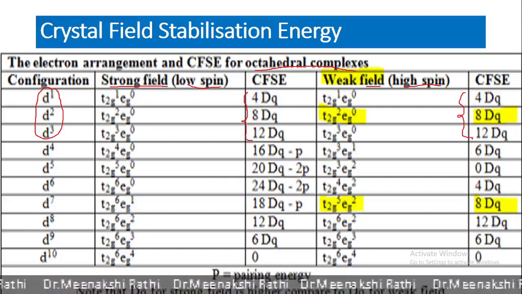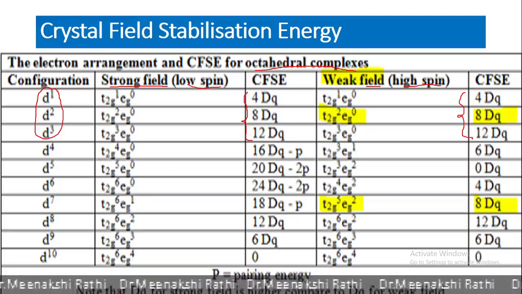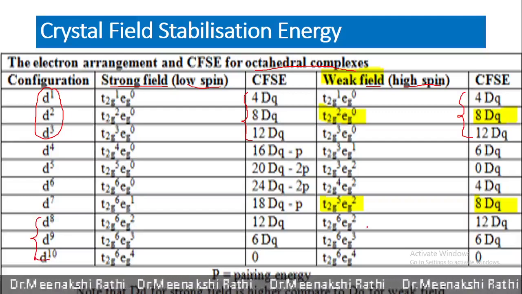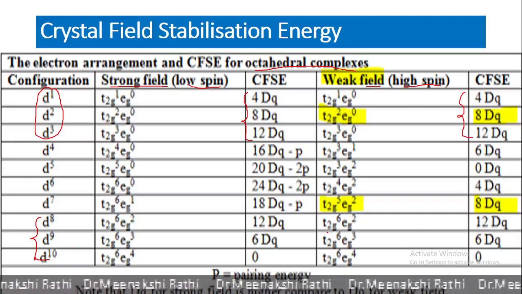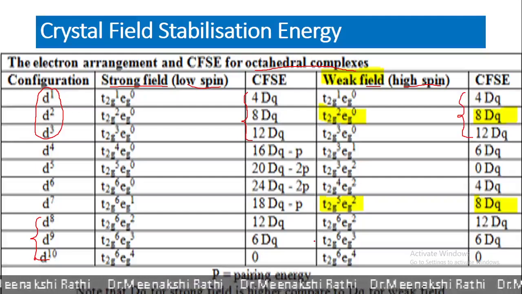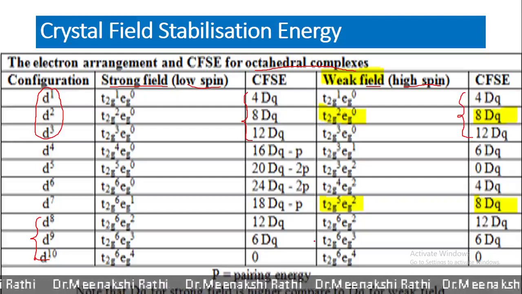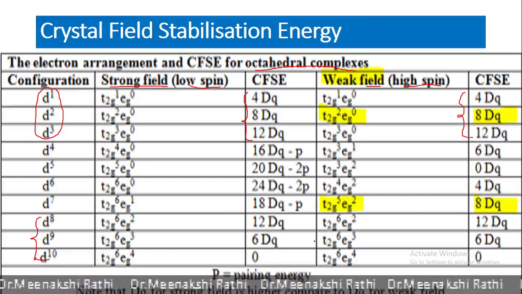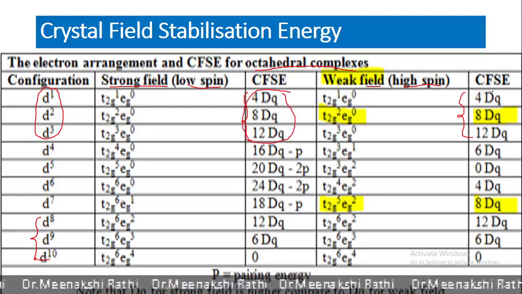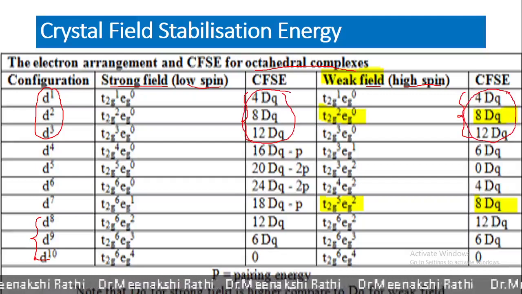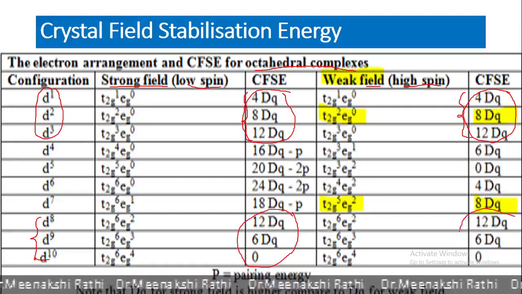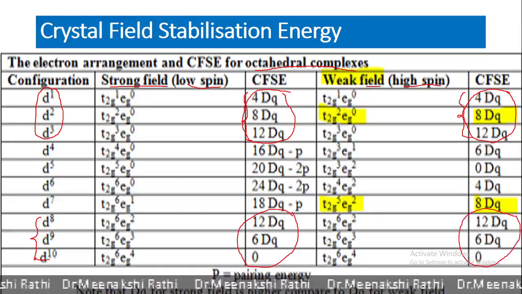As I already told you, for d1, d2, d3 as well as for d8, d9 and d10, the distribution of electrons in the d orbitals is the same whether it is a strong field ligand or a weak field ligand. So in these cases, the value of CFSE is the same, in case of d1, d2, d3, d8, d9 and d10.